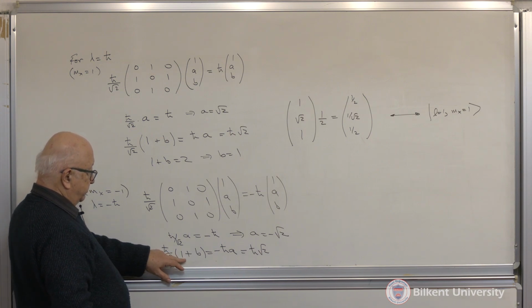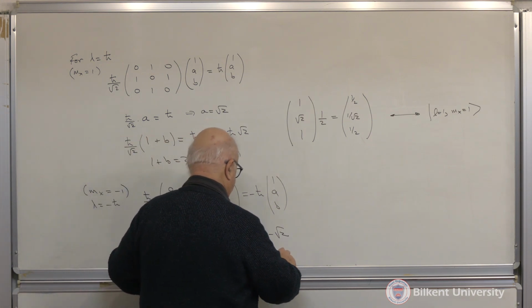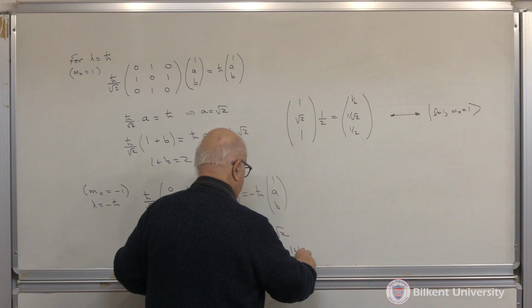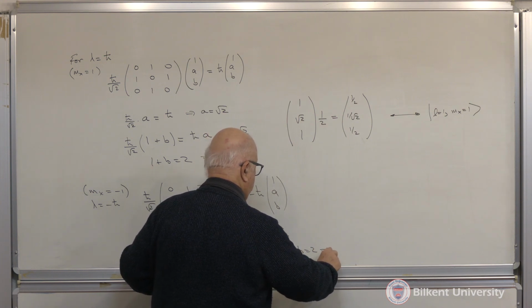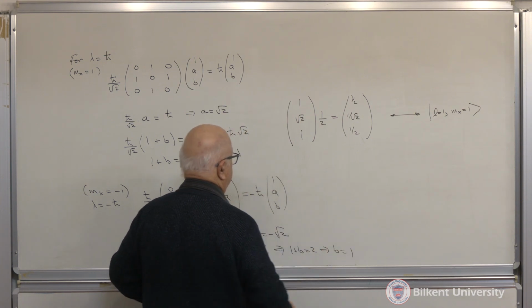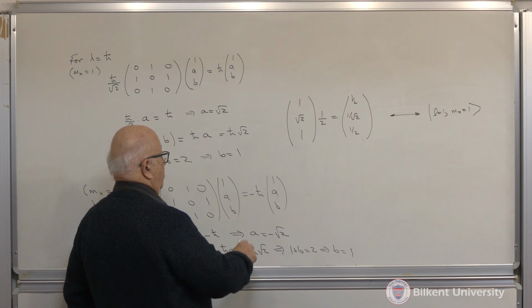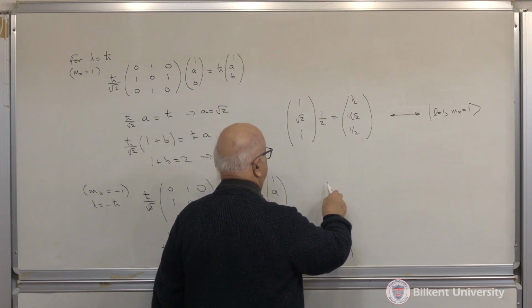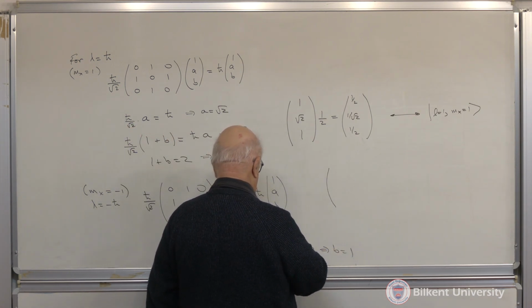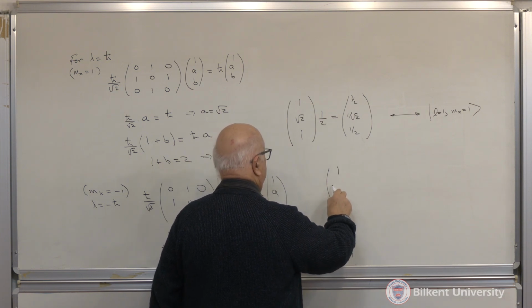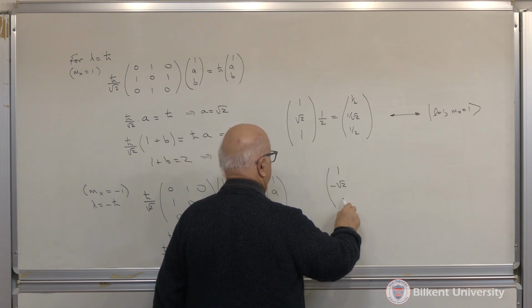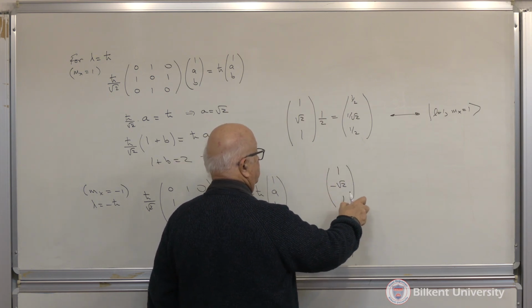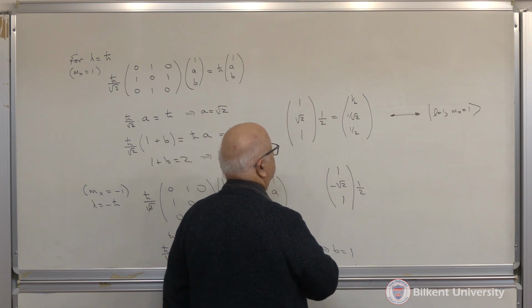So again, this just says that 1 plus B is equal to 2, or B equals 1. So I get finally the eigenvector 1, minus root 2, 1. Same normalization, 1 over 2.